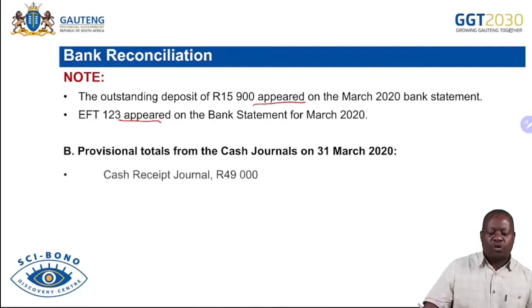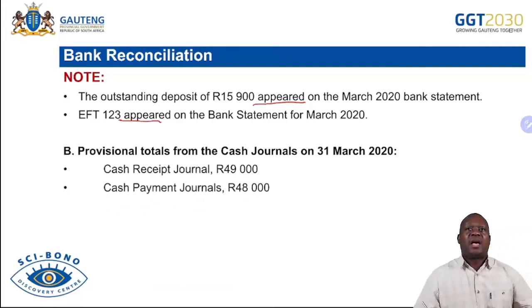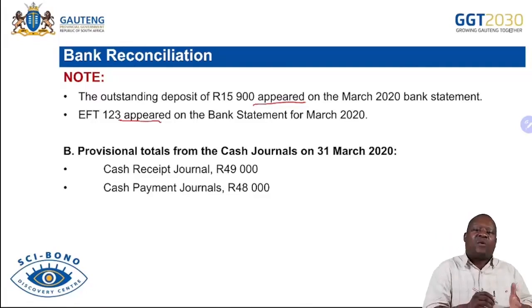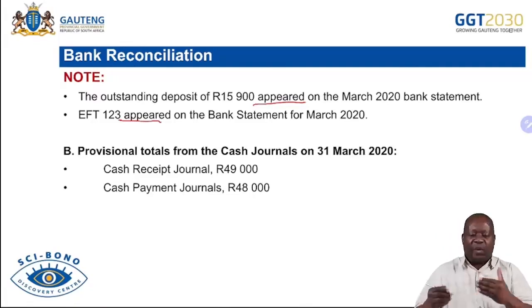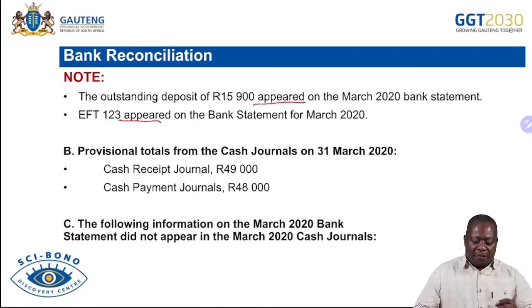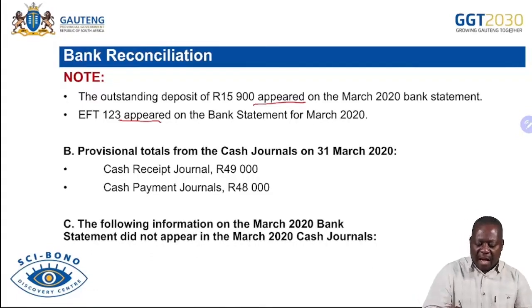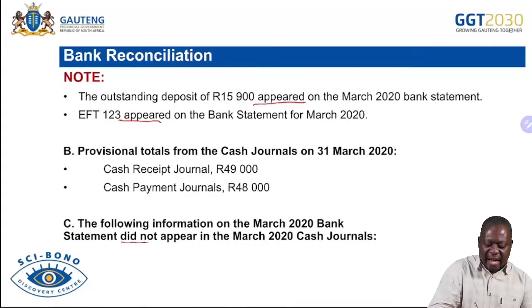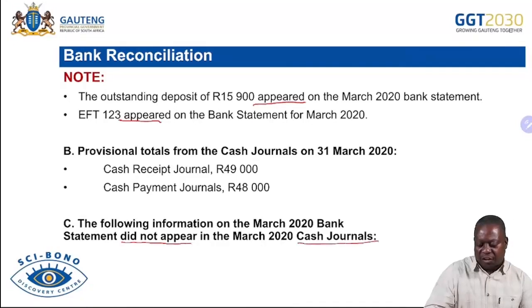Provisional totals, and you know where these provisional totals are going to be taken to. They are going to be taken to our journals, and in most cases, they are going to be entered for us. Till now, we are going to enter the rest, but these ones have already been entered for us. So we continue. The following information on the March bank statement did not appear on the cash journals.